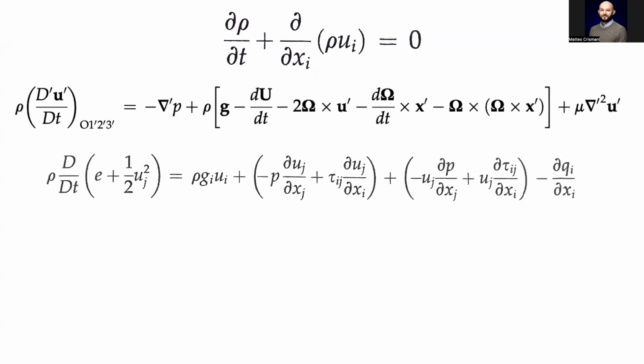is called the Reynolds number, and we denote it with Re. The Reynolds number takes a characteristic velocity and a characteristic distance, and then divides it by the viscosity.